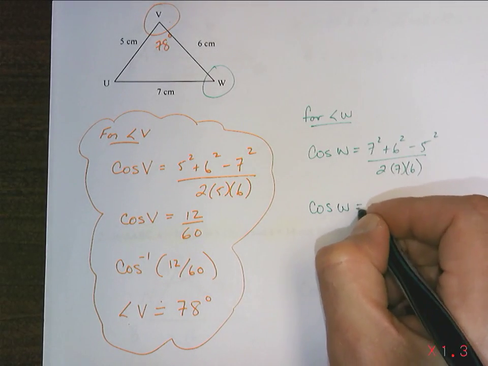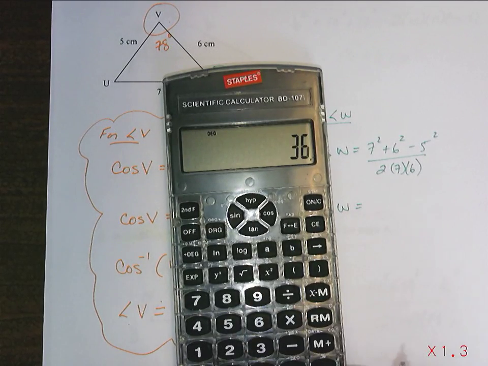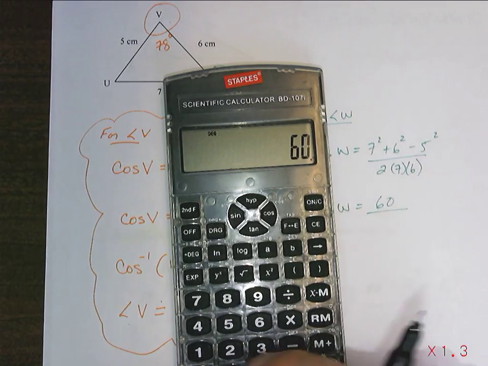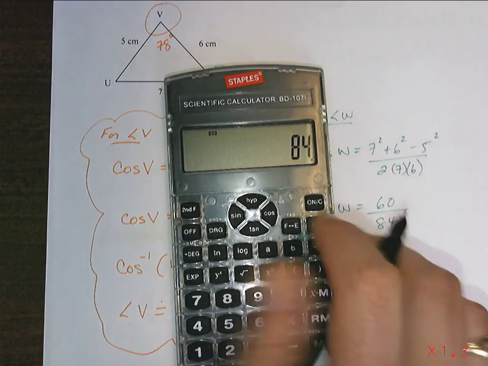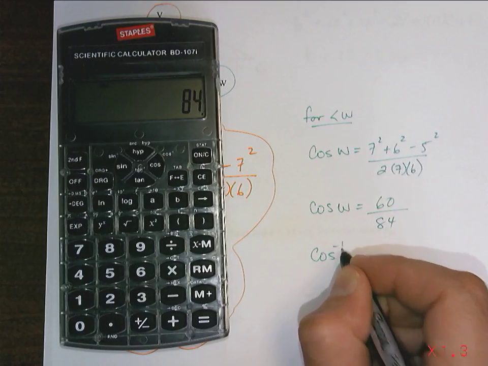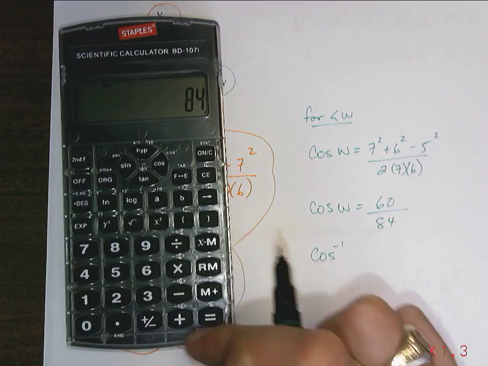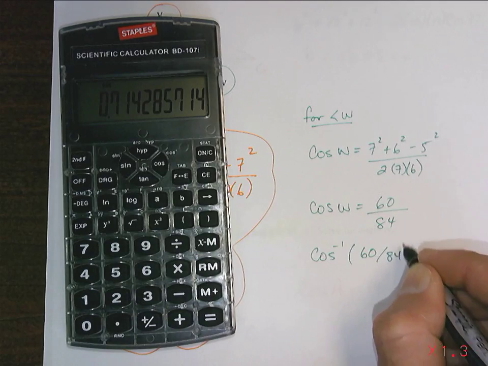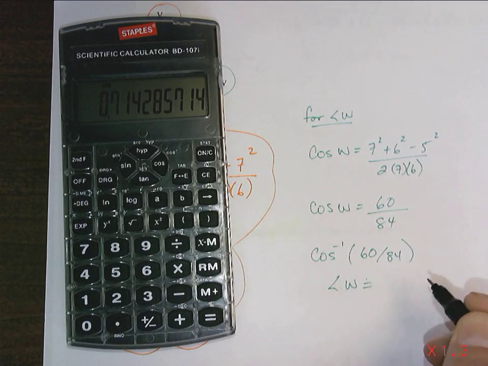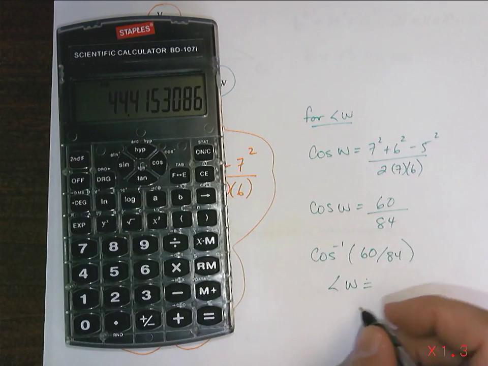Cos of W will equal 7 squared plus 6 squared, subtract 5 squared, which is 60, over 2 times 7 times 6. Cos inverse, 60 divided by 84. That's a big ugly decimal, so I'm going to write it like this instead. And I'm going to say angle W equals approximately, second function cos, 44 degrees.